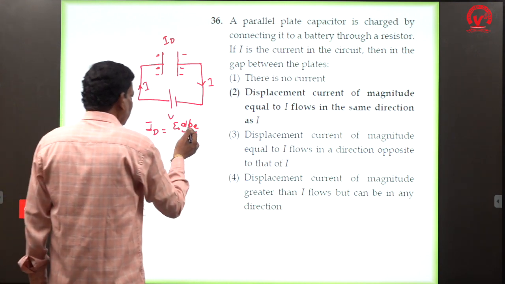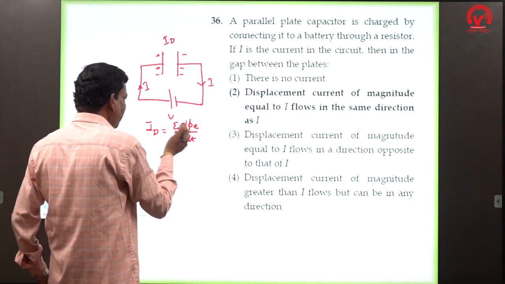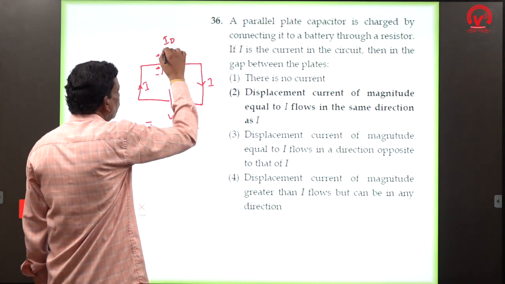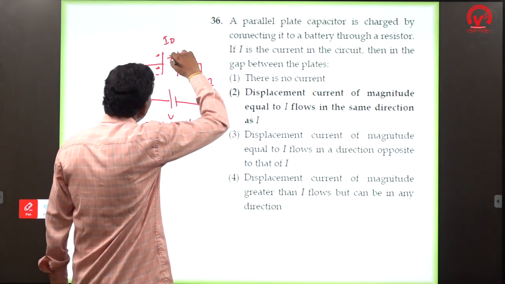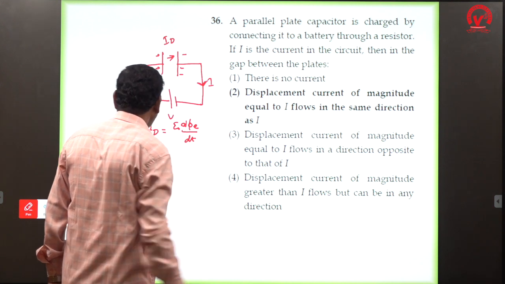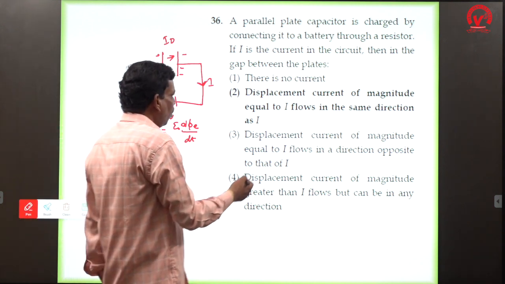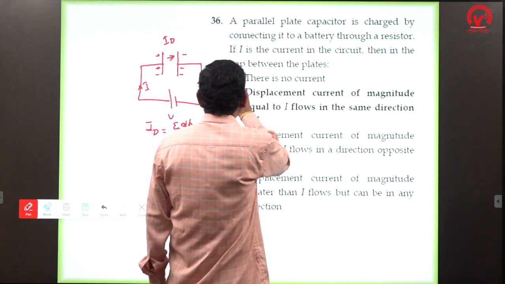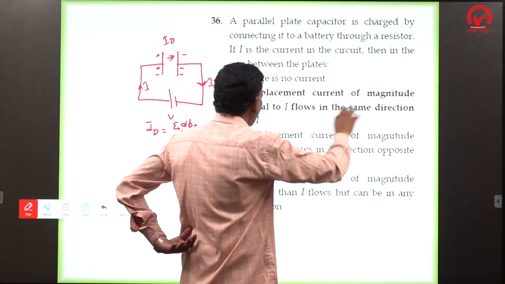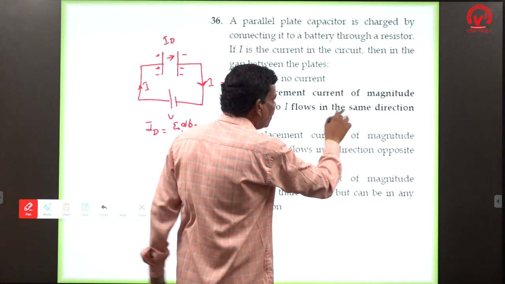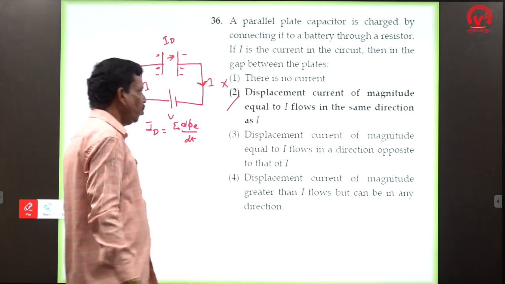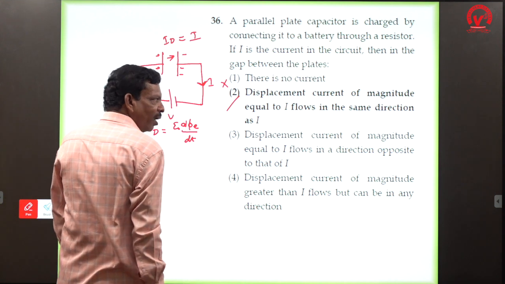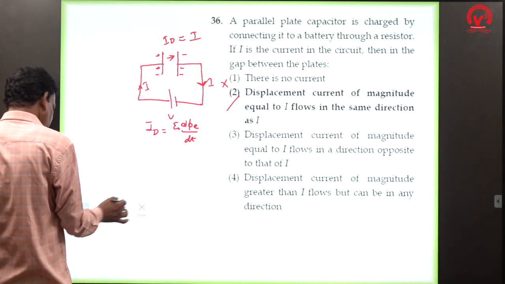The change in flux is directly proportional to the displacement current. This displacement current flows as a current I, so there is no change. The displacement current of magnitude equal to I flows in the same direction as the current.